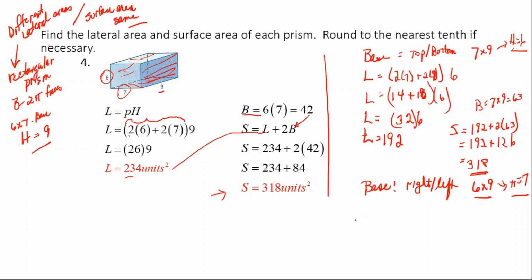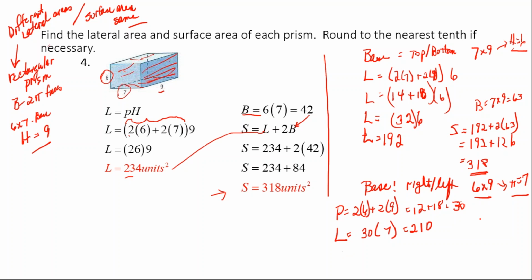So if I do that right and left as the base, it's a 6 by 9. My perimeter is 2 times 6 plus 2 times 9, 12 plus 18, which is 30. My lateral would be 30 times 7, or 210.